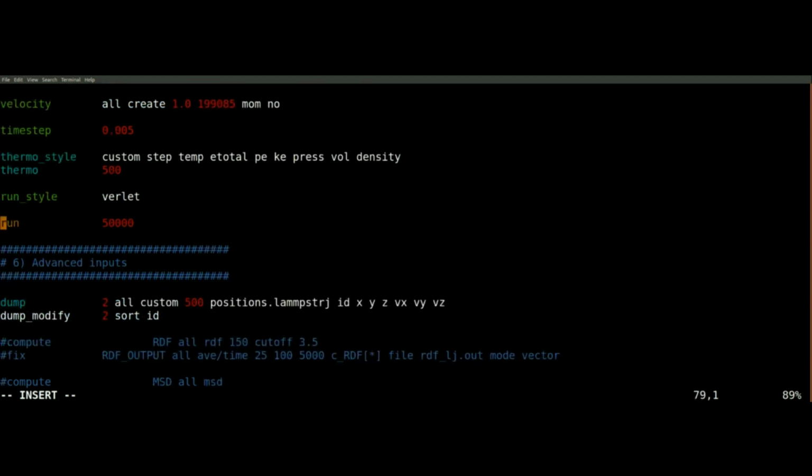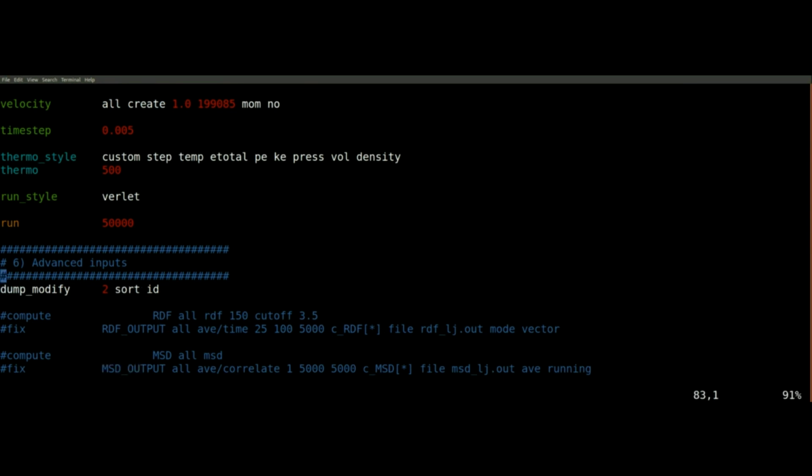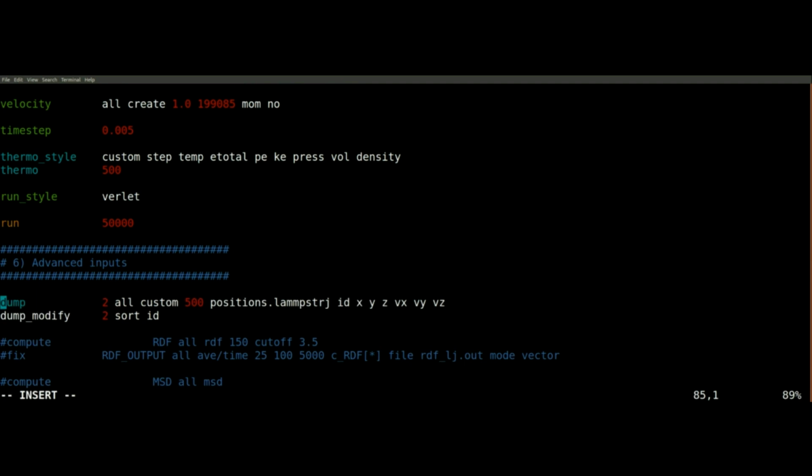Note that as it stands, this command is after the run command. That means that, as it stands, our simulation would run the 50,000 steps and only then consider this dump command, meaning that a dump file would be created with only the particle positions at time step 50,000, but nothing after that, unless there is a run command below it.